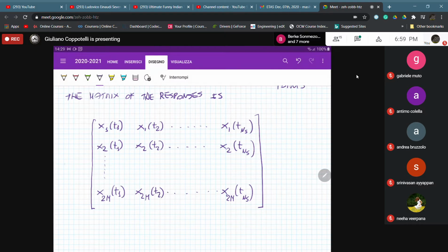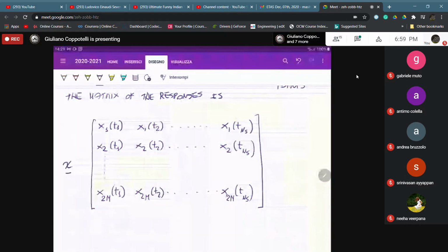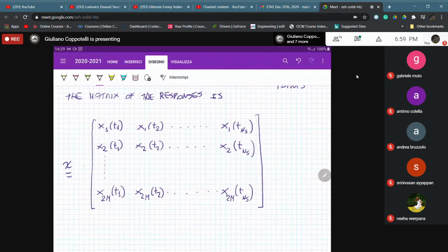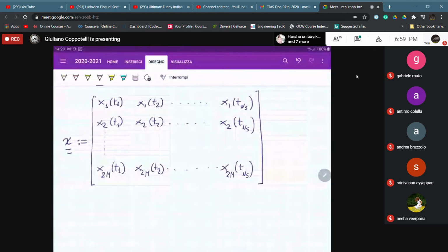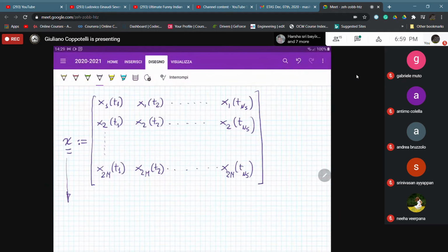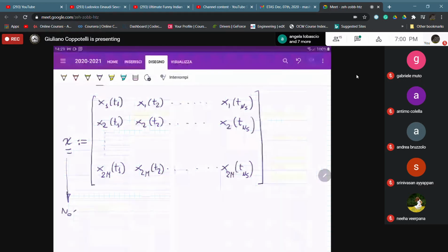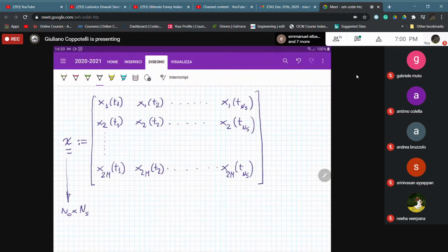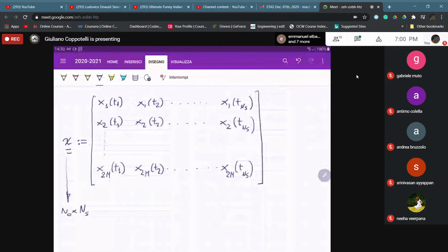That is your chi matrix, by definition. Please note the dimensions of that matrix are in general the number of measuring points times the number of sampling points, and s.